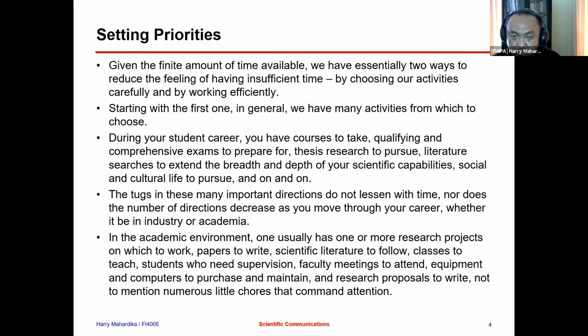In smaller case, for the scientific communication class, it means that students who took this class need to know what they need to have in order to pass.